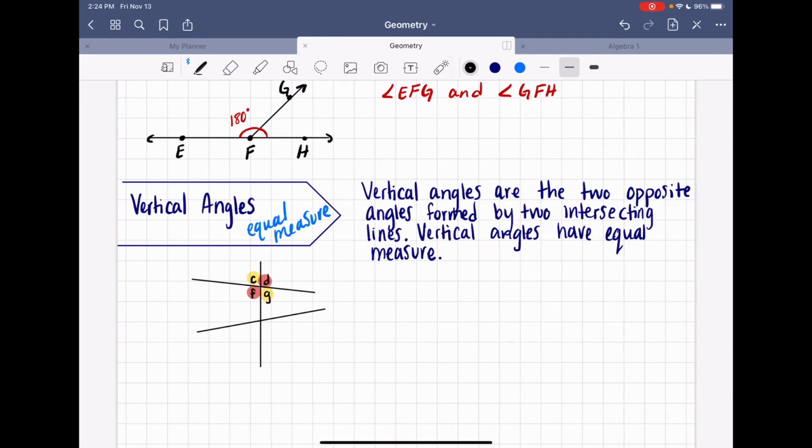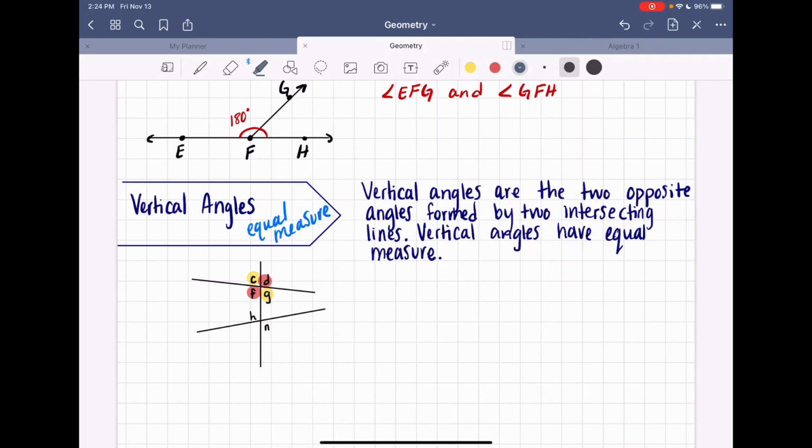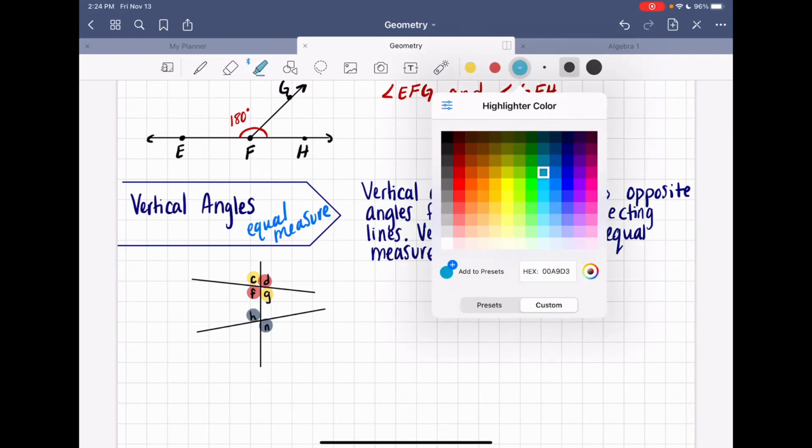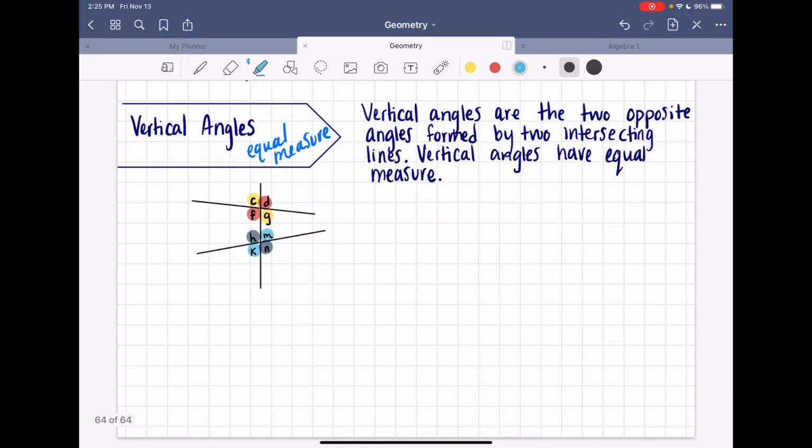And also D and F. And then same thing over here. So if I label this H and N, these two are vertical angles. And if I label this M and K, those two are vertical angles.